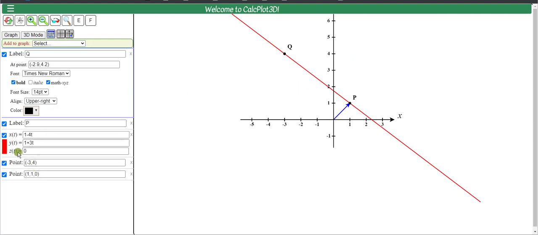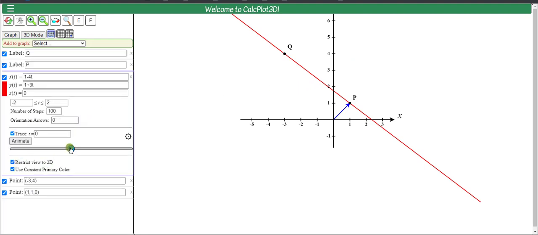Just to convince you that this does indeed trace out the line, we'll start with t equals 0. Notice that I'm starting at the point P, and then as t moves forward, I'm going to move towards point Q, and in fact, when t gets to exactly 1, based on this parameterization, I would arrive at point Q.